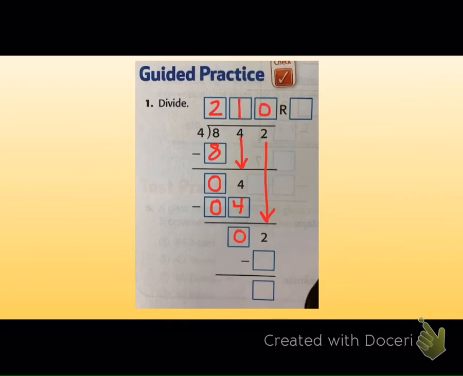So we've got to put a 0 in that ones column there. Multiply, we get 0. With a remainder of 2. That remainder goes right up here, so we have 2 left over. So our quotient is 210 with a remainder of 2. Hopefully you guys all got that.